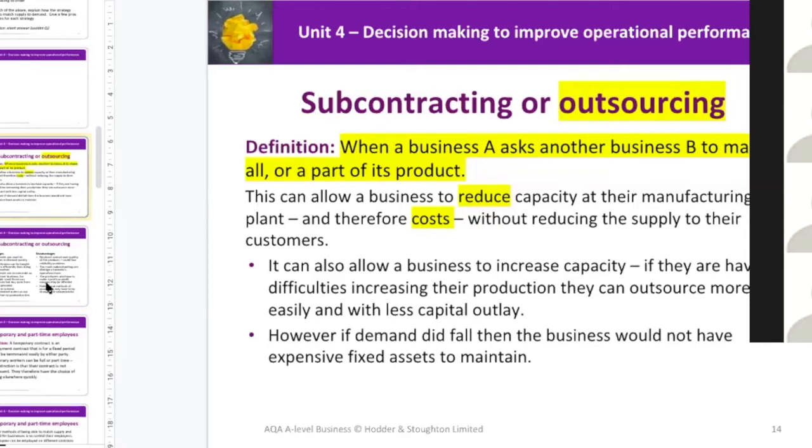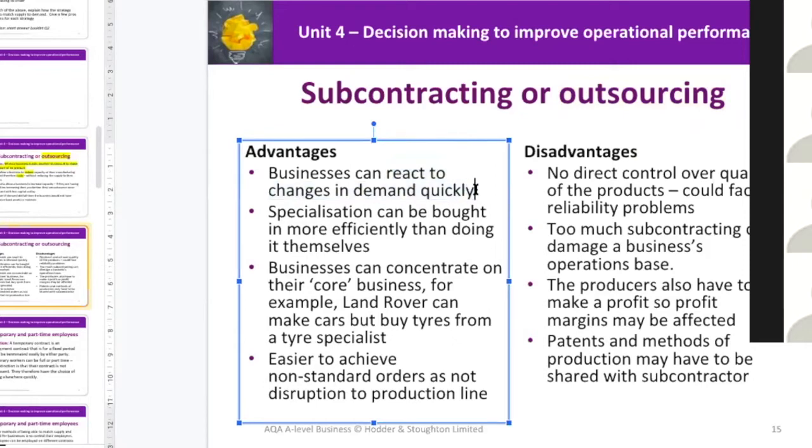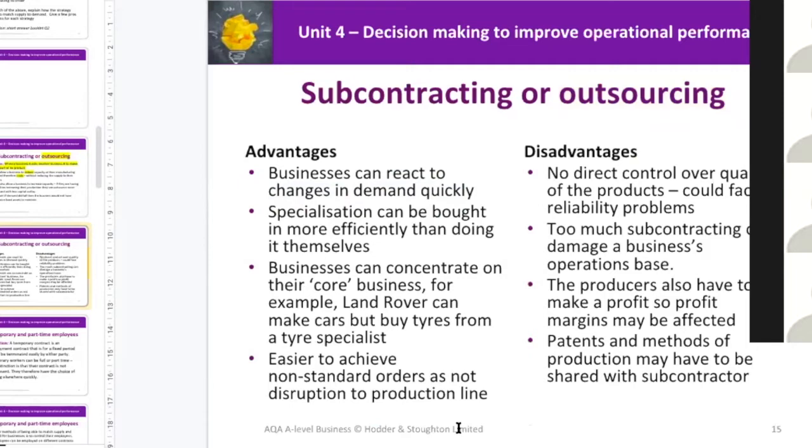Okay. So very quickly on outsourcing, there are a few advantages and a few disadvantages. I'm going to quickly explain one each. For the benefit, companies can react quickly to the demand. The reason we outsource is because they are cheap.